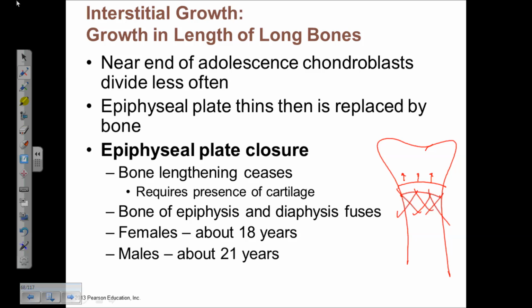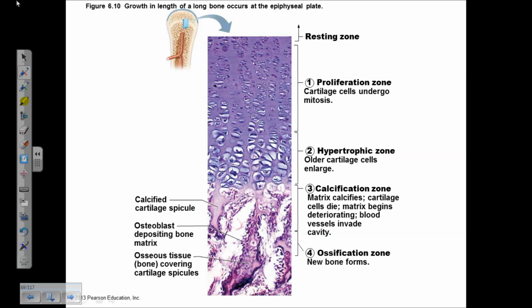Make sense? So eventually the epiphyseal plate will become thinner and thinner, and eventually will disappear, which is called the epiphyseal plate closure. So as we mentioned, at 18 to 21 years, you still have an epiphyseal line, which is a remainder of what it was. And that's the illustration of the bone growth process.